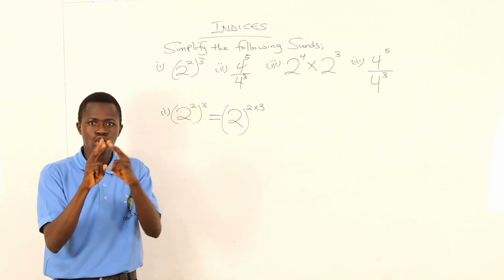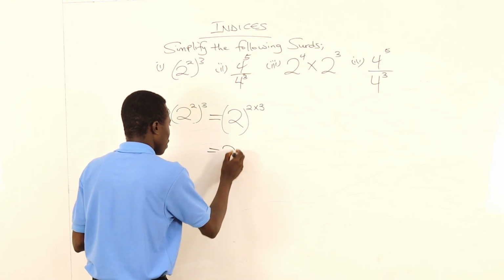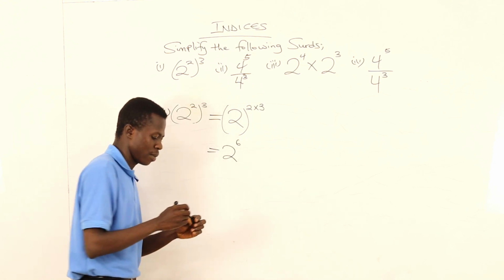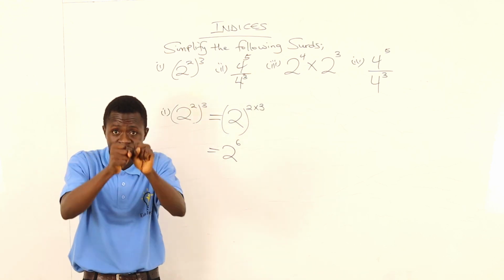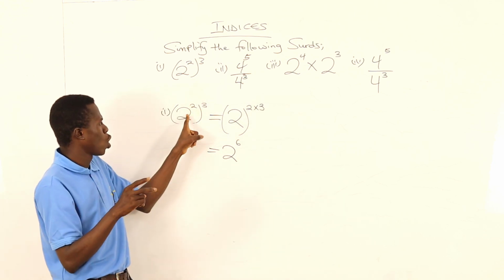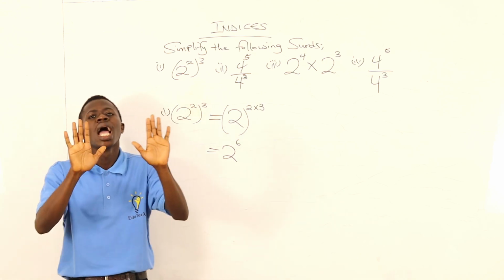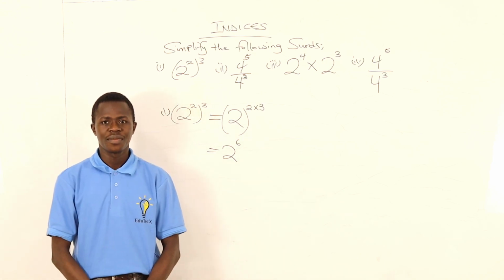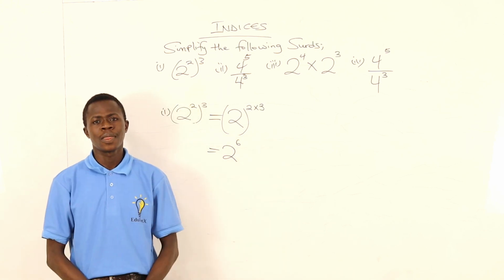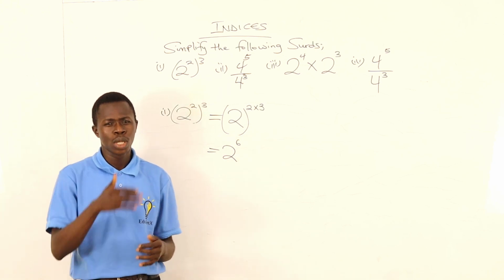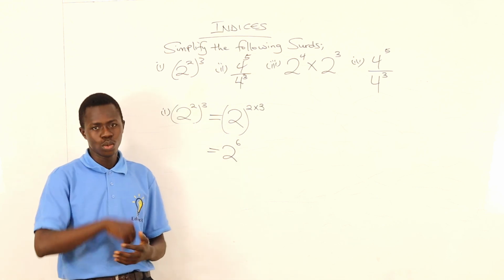We get 6, right? Yes. So we write our answer as 2 raised to the power 6. So we've been able to simplify the expression on the board. Now, let's move on to the next question.